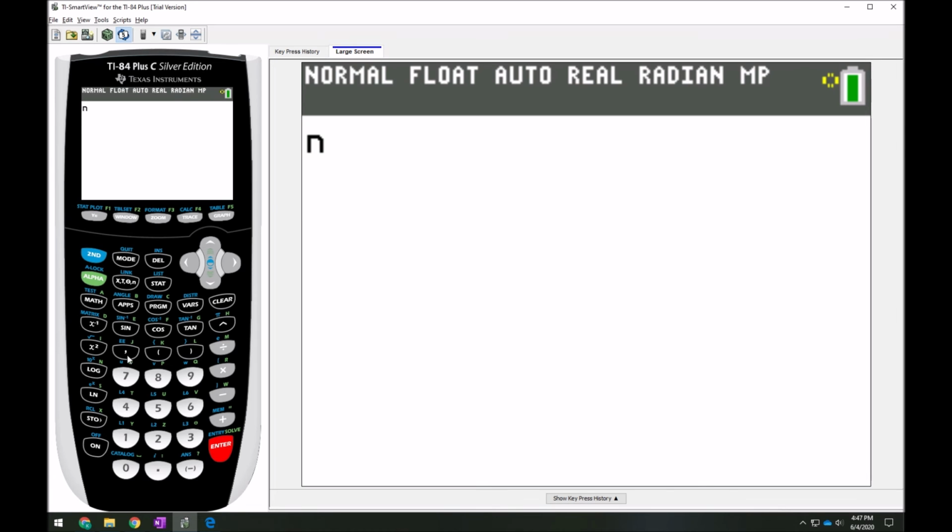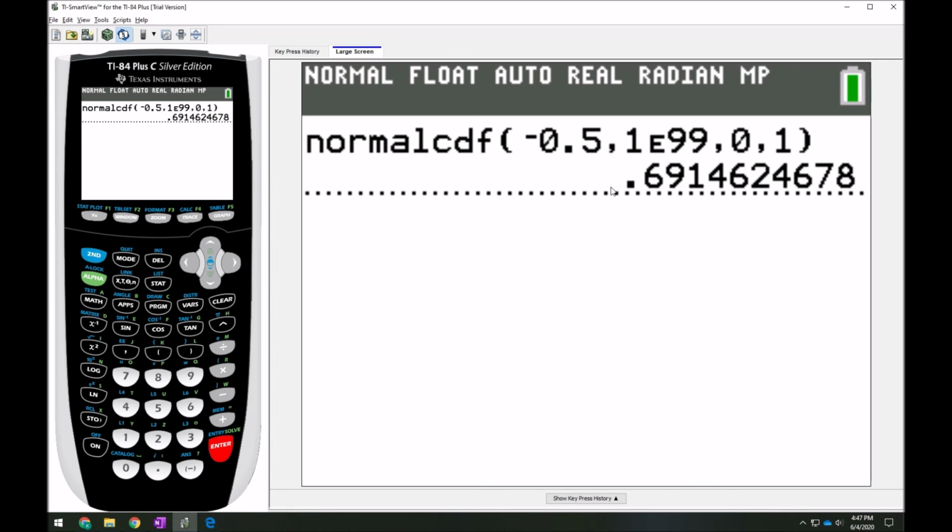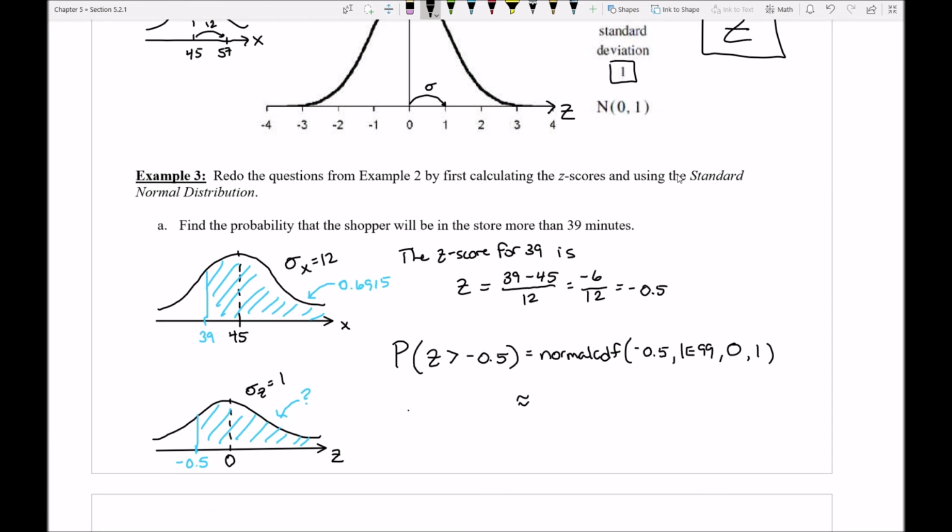Now notice when I click this, I'm going to get a value back of 0.6915 if I round to 4 places. So I'm going to write that down, 0.6915. So again, this number represents the amount of blue space that was sitting right over there. Do you notice something?